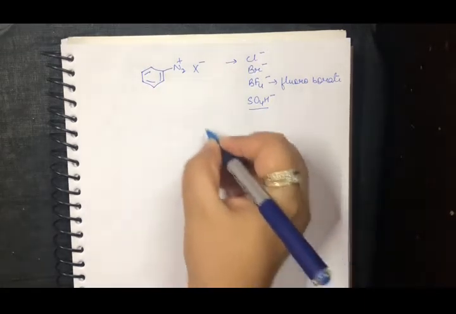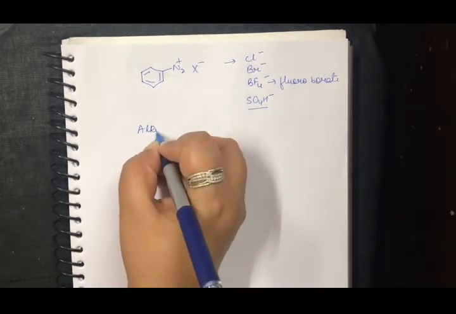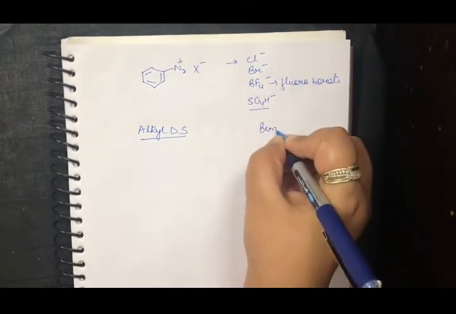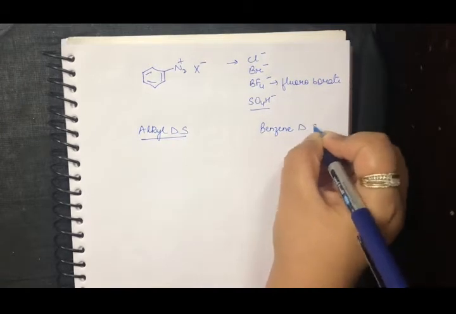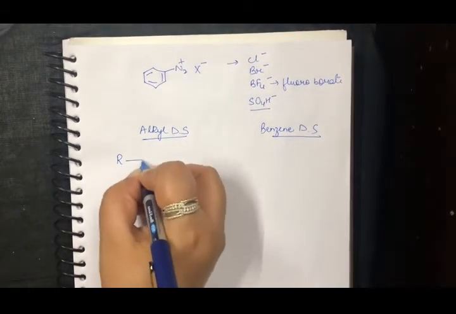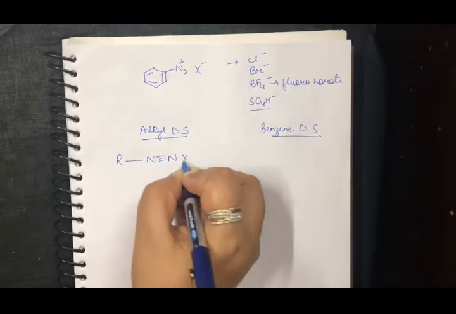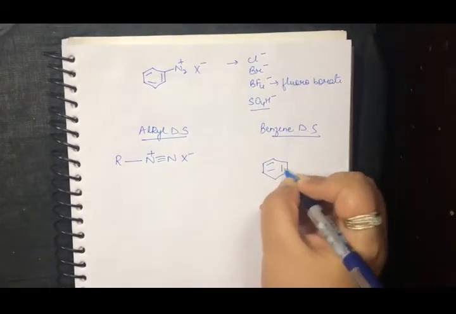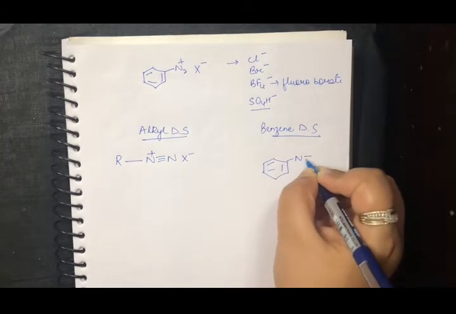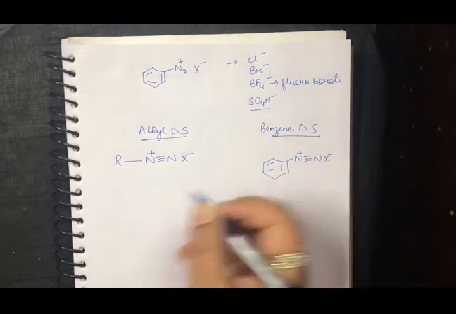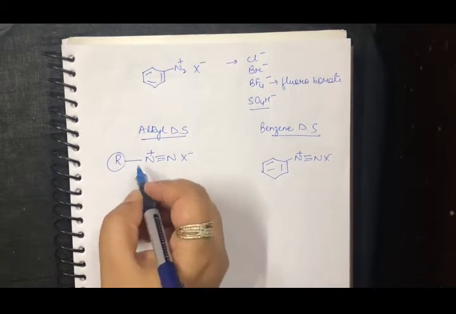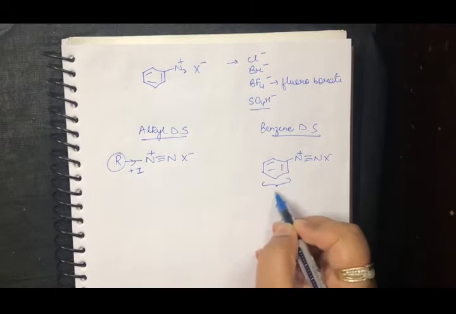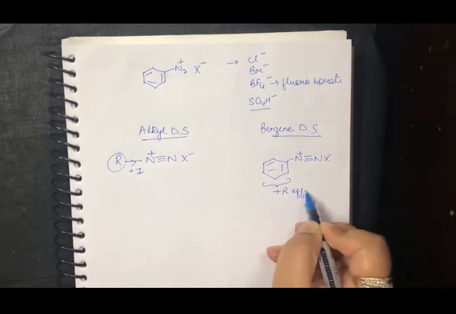Now, if I have to just distinguish between them, I'm talking about an alkyl diazonium salt and a benzene diazonium salt. So there is an R group. Here it is going to be like this. And if I am talking about the aromatic group, it is going to be like this. As we know, the alkyl group has a positive I effect and this has a positive R effect.